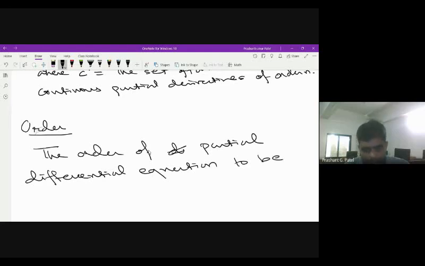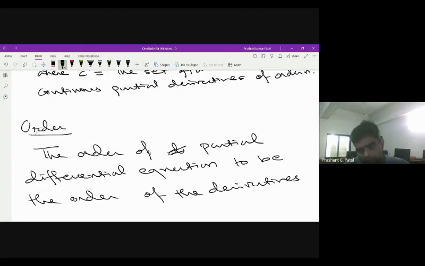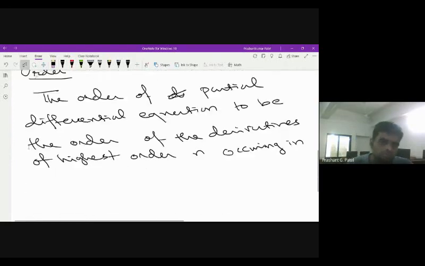The order of a PDE is defined to be the order of the highest order derivative occurring in the equation. So whatever the highest order derivative occurring in the differential equation is known as the order of the differential equation.